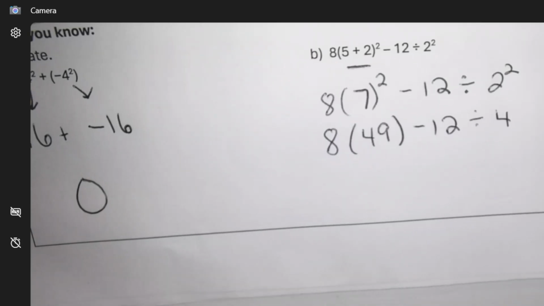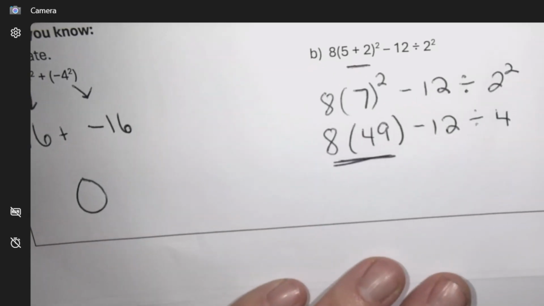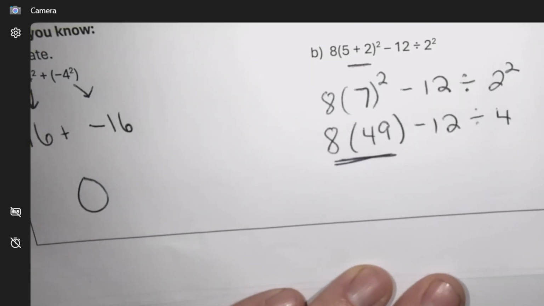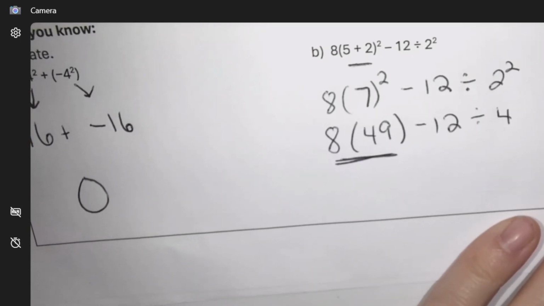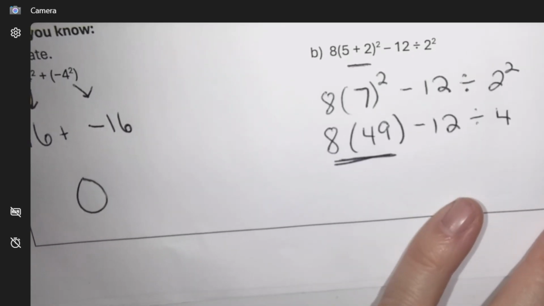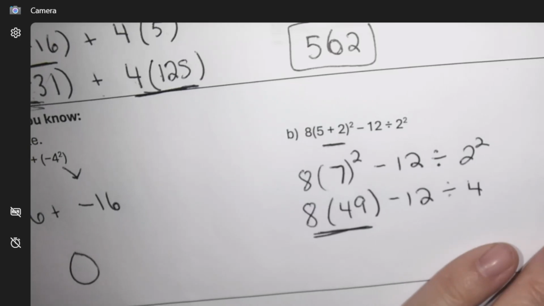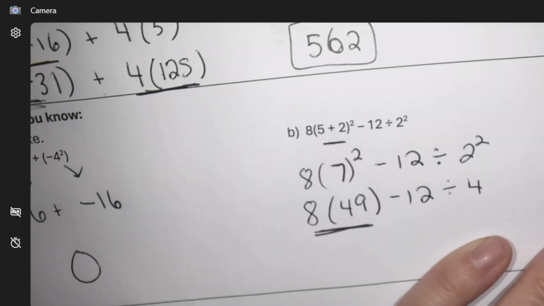Okay, so now we're moving on to BEDMAS, multiply, divide stuff. So I could tackle 8 times 49. So mental math here, what's 8 times 50? 400?